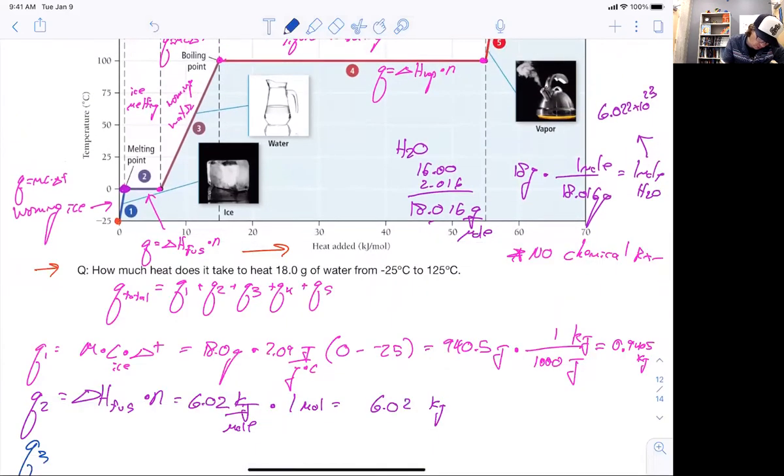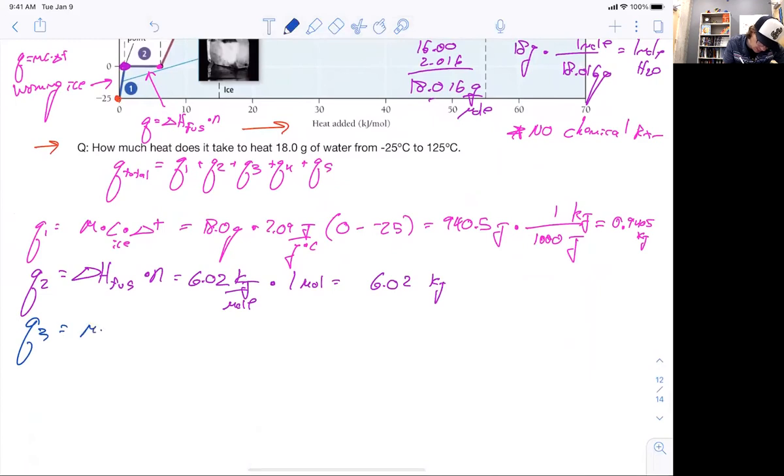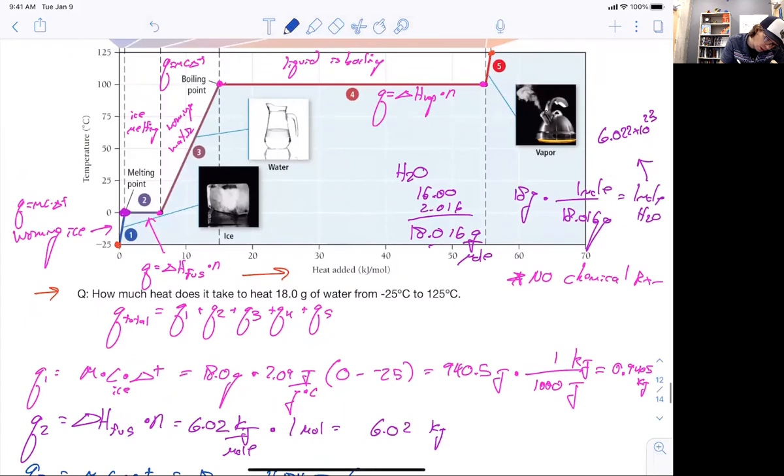So whenever you've got warming, that's another MC delta T. But now this is liquid water, so you still have 18 grams of water. Now the specific heat capacity is very different: 4.184 joules per gram per degree Celsius. Delta T for this liquid water, again, we're going from left to right. It started at 0, and you can read that over there, and it ends at 100, the standard melting and boiling point of water.